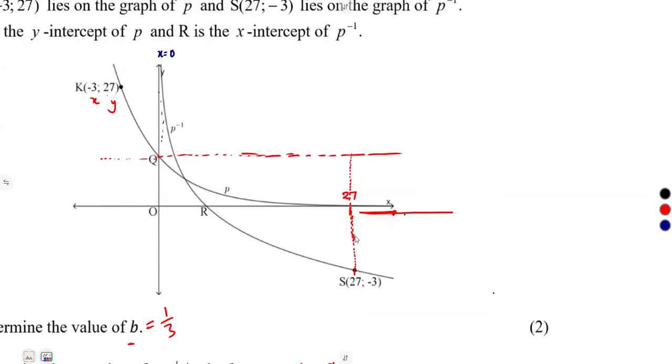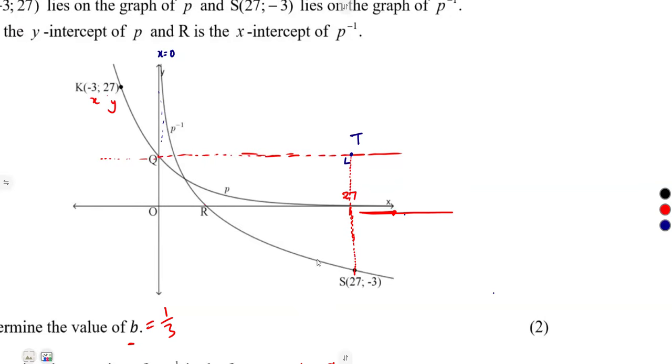So you see that that line, as it is parallel to the y-axis, and this line, as it is parallel to the x-axis, they do meet at what? 90 degrees. That is the consideration. And where they meet is the point T. Because from S, wherever we are going to meet with that line that we had before, it will be at T. So that's our ST and that's our QT.